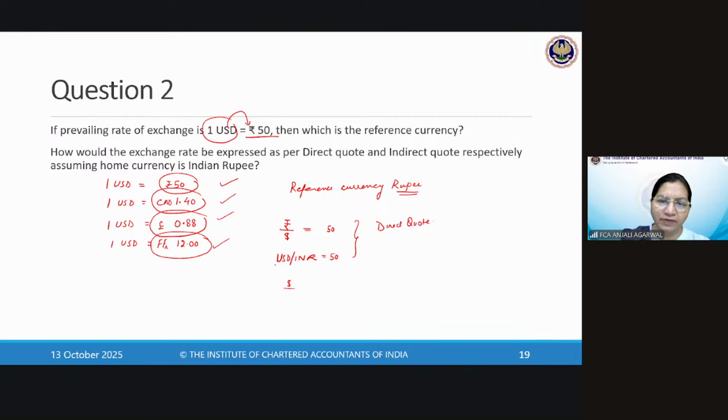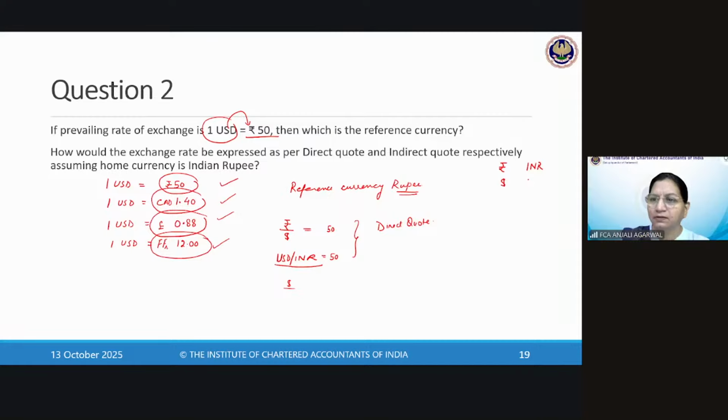No, when we write the symbol here, this is numerator by denominator. This is rupee by dollar. But when you use the code, generally it is given internationally. All currencies will have a code also, a symbol and a code. Like India has rupee as the symbol and INR as the 3-digit code for the currency.